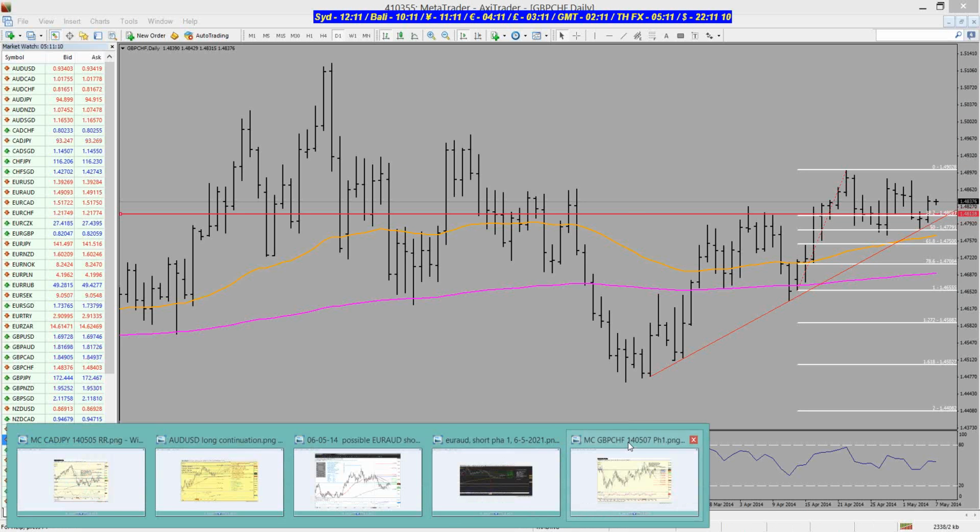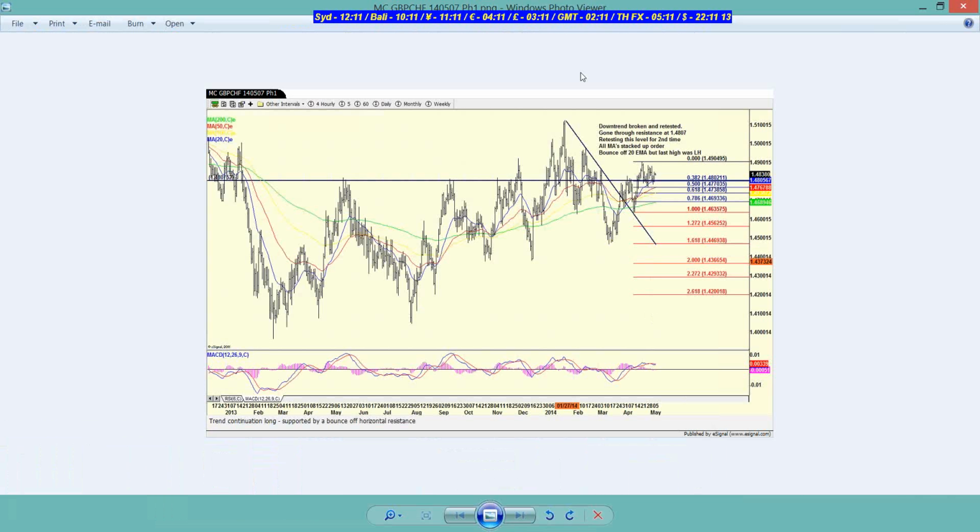Your analysis on the pound Swiss. Well, downtrend broken, retested, and then going back up. And you could almost have a channel across these two lows and these two highs.